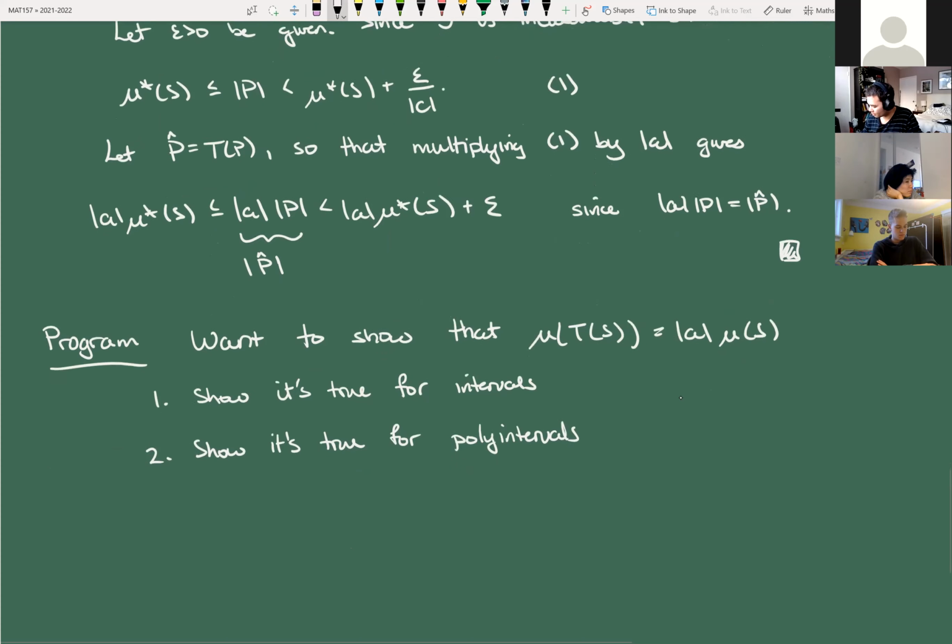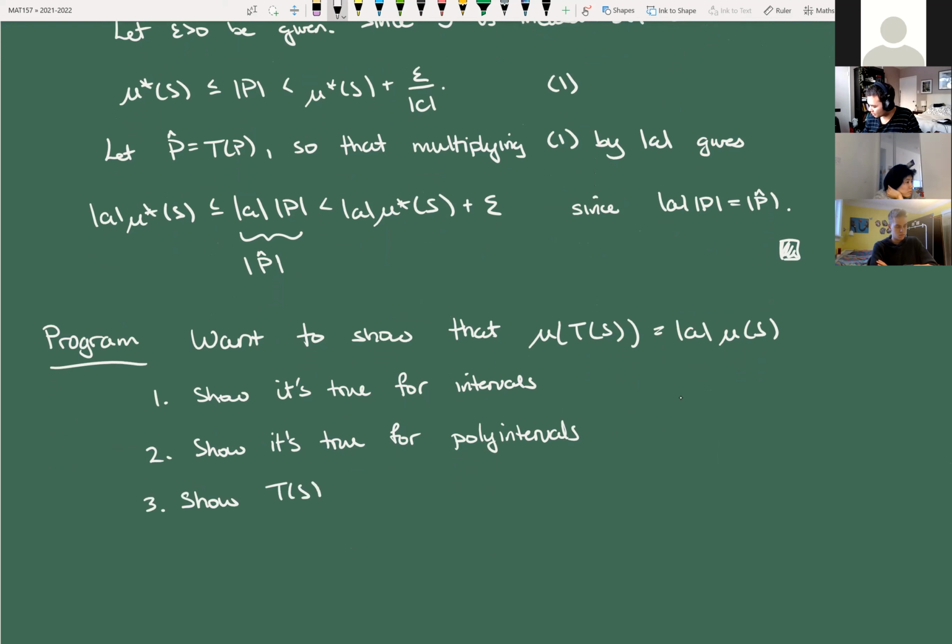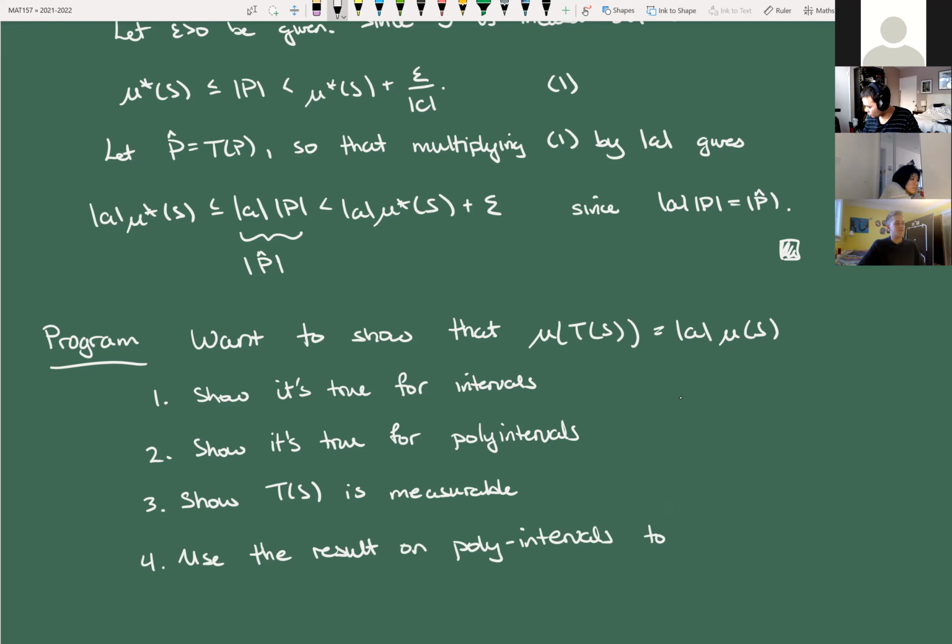Three, show T of S is measurable so that we can even make sense of this. Because if we don't know that T of S is measurable, even writing this down doesn't make any sense. And then four, use the result on polyintervals to prove the result.